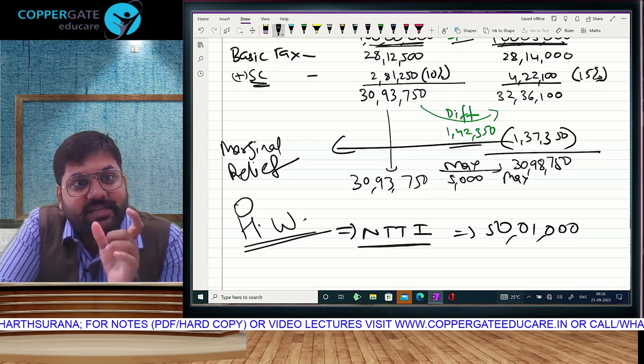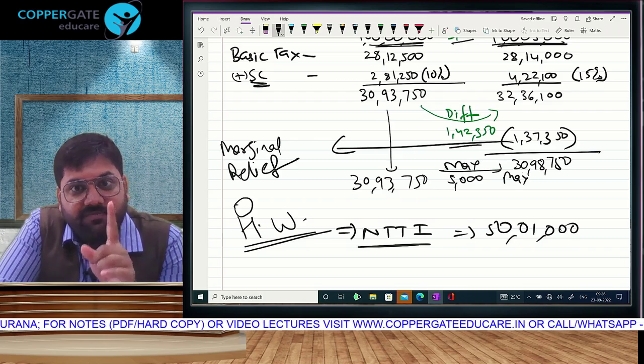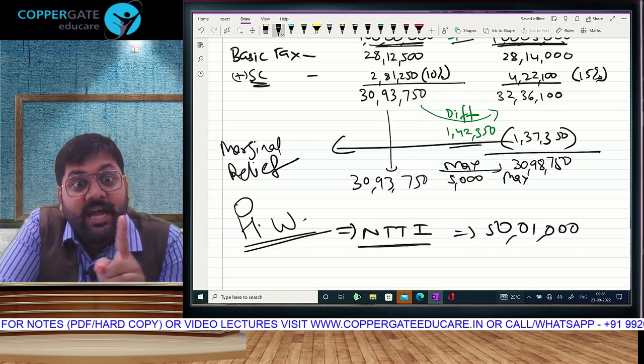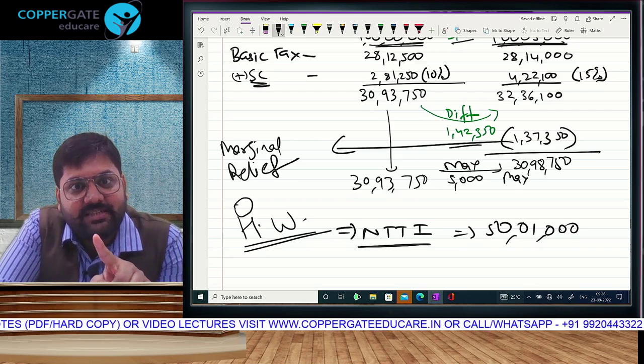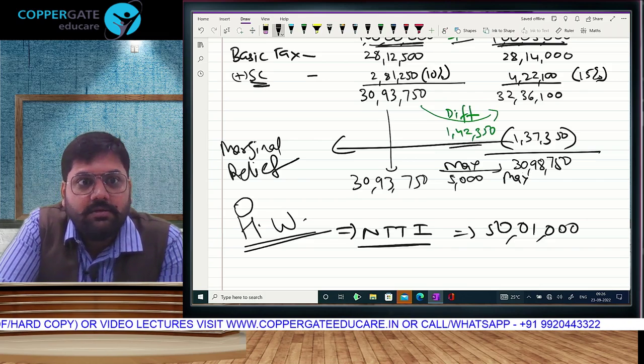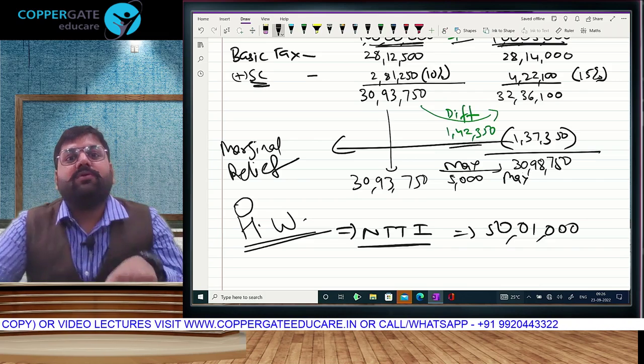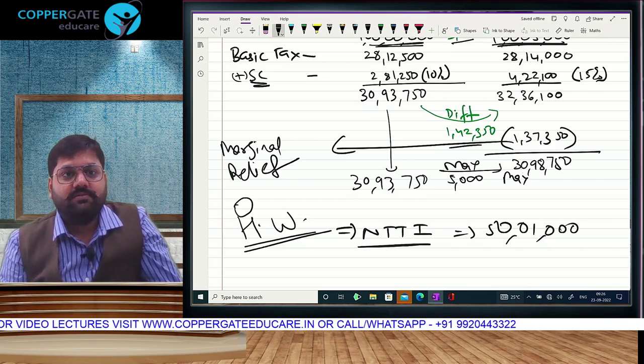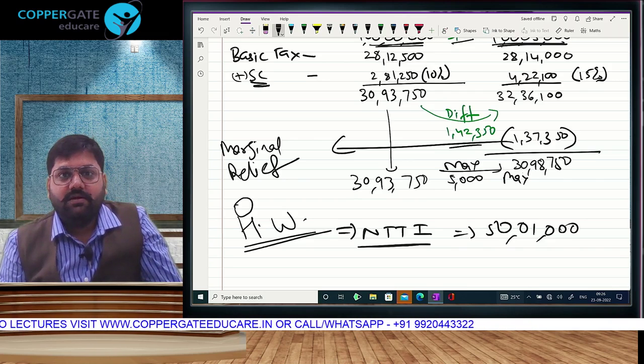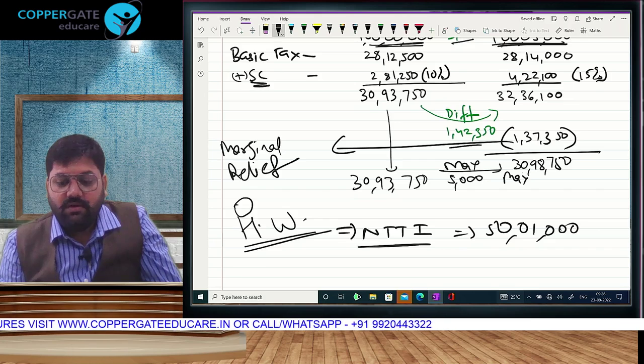And compare with an assessee who has 50 lakh and 1000. Will calculate basic tax? And add 10% surcharge. Correct? The difference cannot be more than 1000 rupees. Understood? I'll check your notebooks. That's the concept of marginal relief.